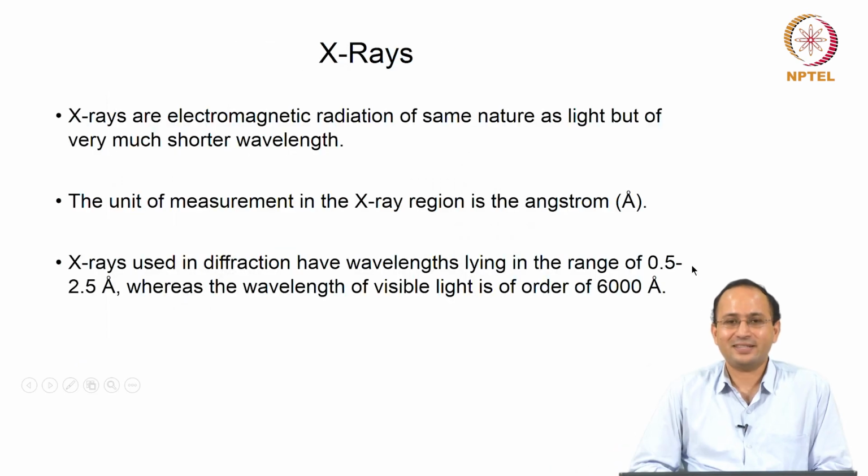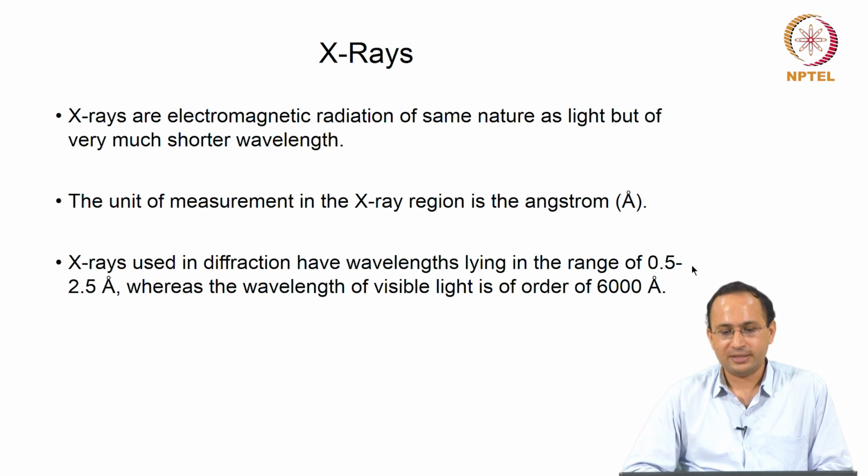Basically, X-rays are electromagnetic radiation of the same nature as light, but of very much shorter wavelength. If you look at the electromagnetic spectrum, you find the wavelength of X-rays is much shorter than the wavelength of light.